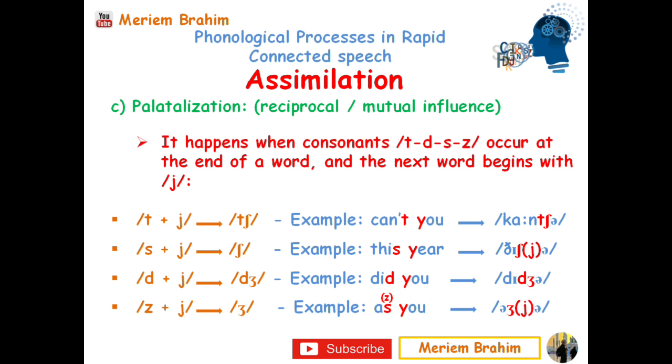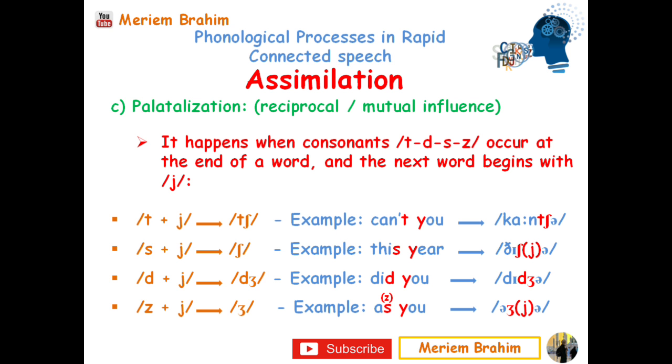Another case: when the first word ends with s and the second word starts with y, they come up with the sound sh. Example, "this year" becomes "thish year". Sometimes you will hear a light y added after the sh.